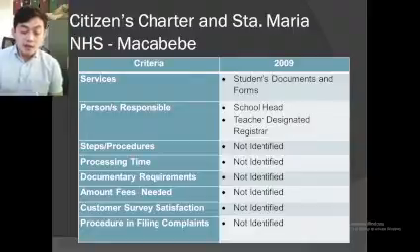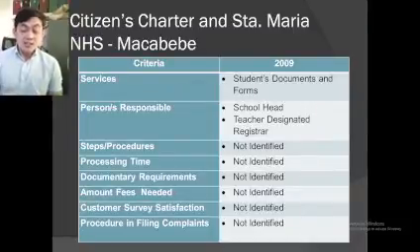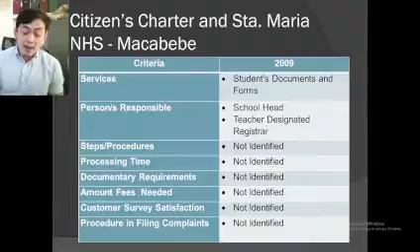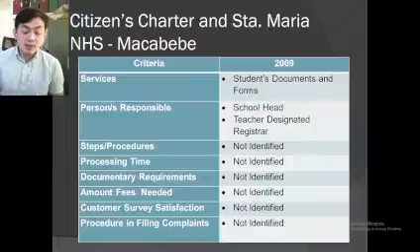school. It's very vague, or the sense of visibility of the frontline service in the office of the school, such as signages or tarpaulins indicating the elements of the Citizens Charter. However, the school head, together with the designated registrar, were the frontline officers dealing with the needs of the clientele, the parents and guardians requesting school documents for the students.